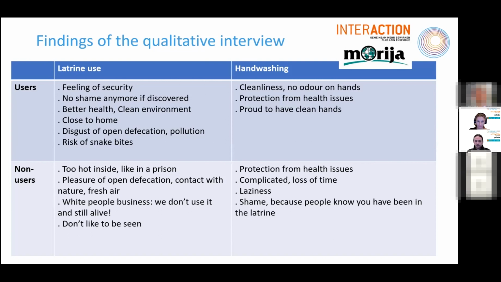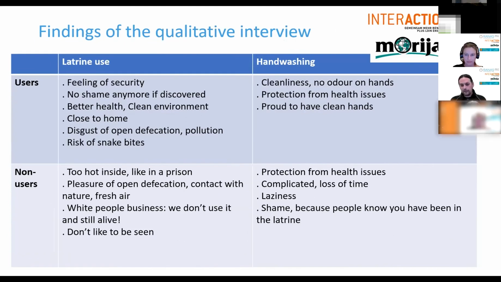And the non-users, so people who didn't wash their hands too often, especially after latrine use, also knew that it would protect them from health issues, but for some reason they didn't care. They highlighted that it was complicated, a loss of time. They assumed that they were lazy. And there was also this factor of shame, because if you wash your hands right after being in the latrine, people will know that you have been to the latrine. So we come back to the other behavior and this shame of being seen.